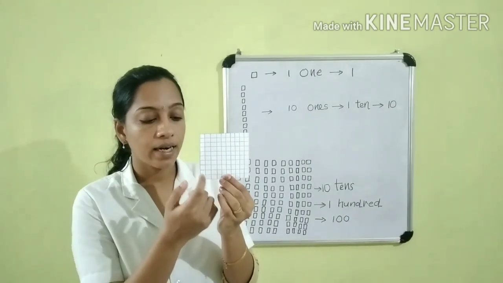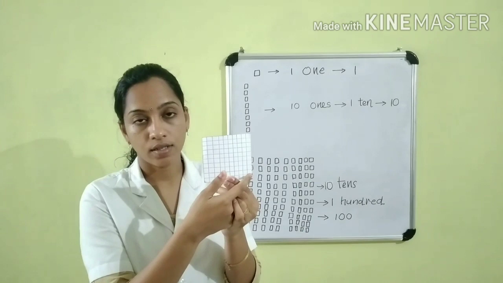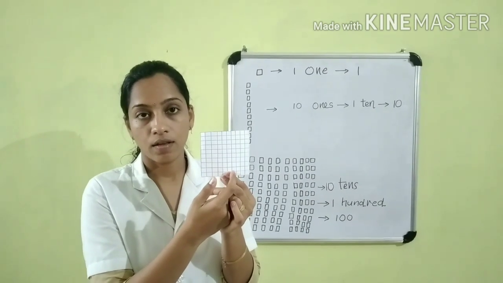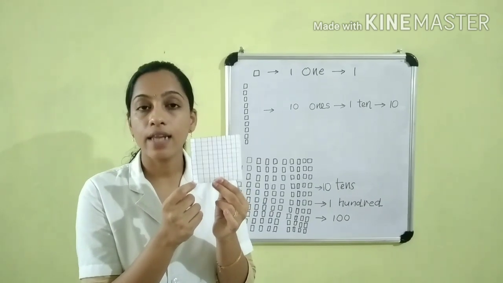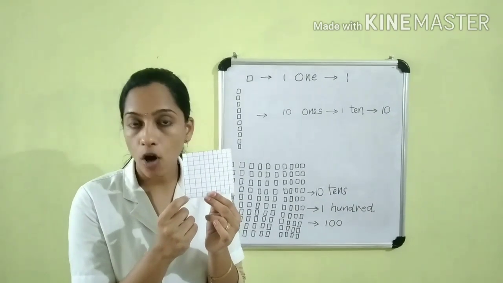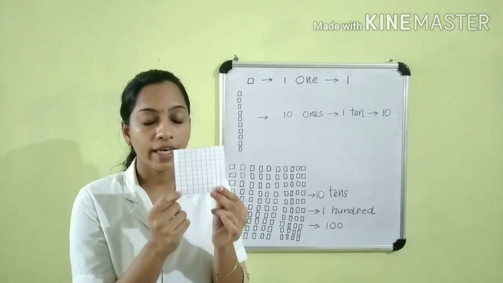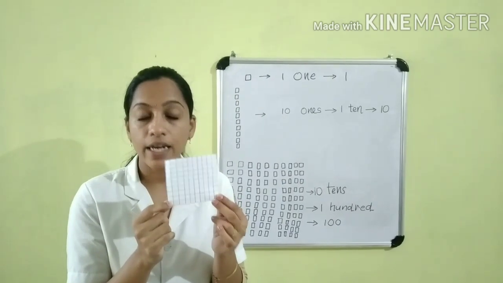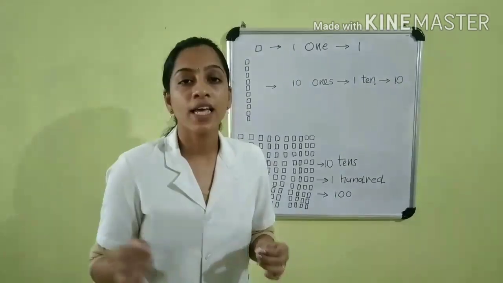It contains 10 blocks, each a block of 1 ten. That is, this large square contains 100 small squares. So, we can say that this large square represents 100.